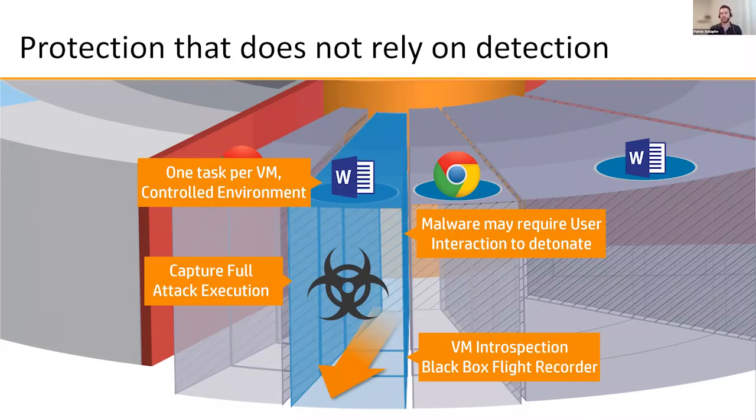Now, what we do is we collect all kinds of information about what's happening within this micro VM. We capture all files which are written, all kinds of network traffic, registry behavior, even all the specific API calls which are happening.